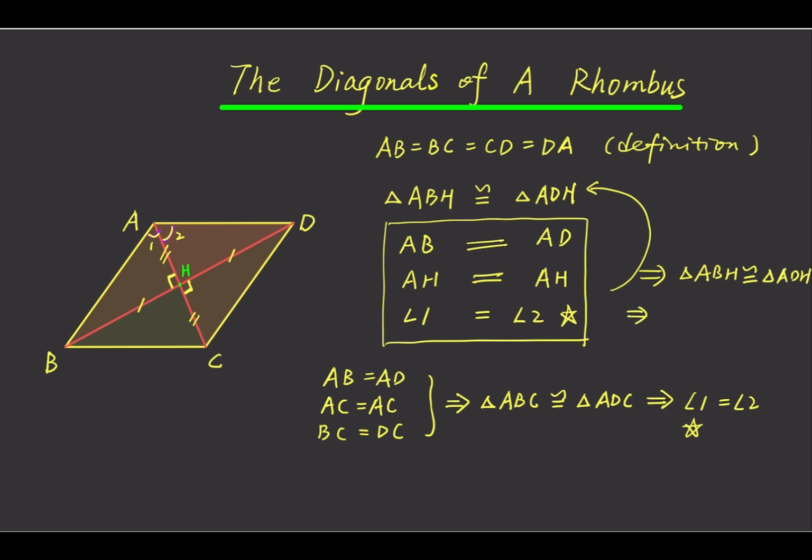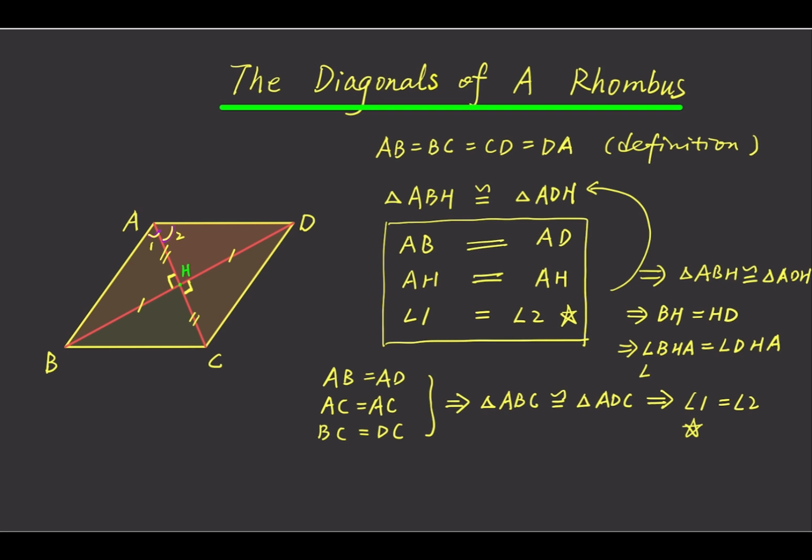So for the corresponding sides for these 2 congruent triangles, we can figure out BH equal to HD. That is to say, the point H is the midpoint of this diagonal. Additionally, we know the corresponding angle BHA equal to angle DHA.